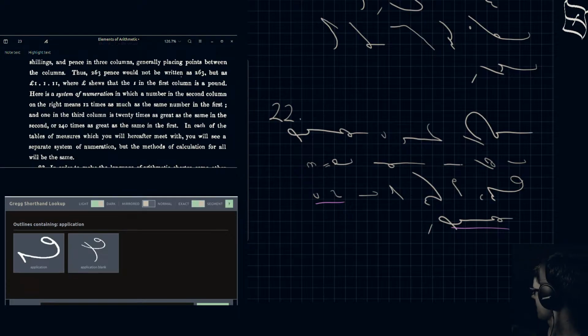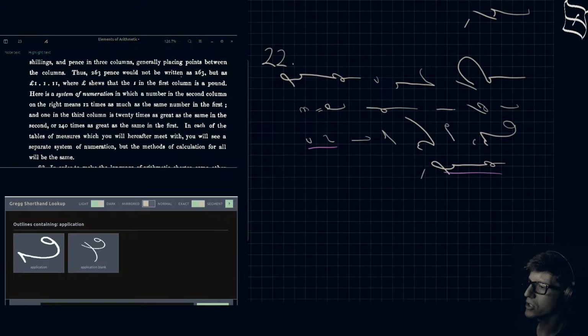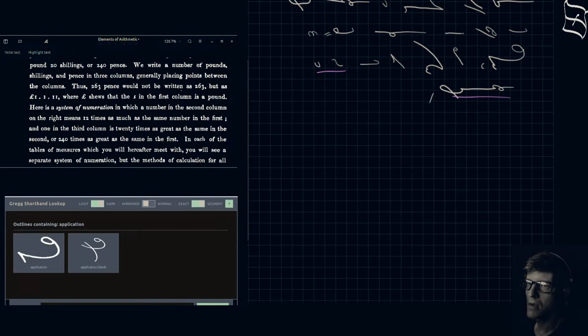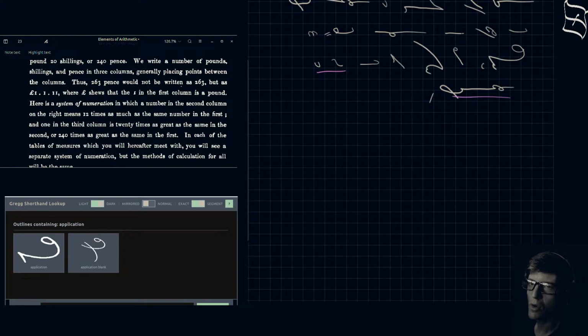So for us, what that means is that we will take a look at the British system, which he was just talking about, and that is the layout in this order. Now we're going to switch back to normal view, and we're going to put our pound sign here, which is shaped like that. It's a libre, or libra, which is the Roman word for pound.